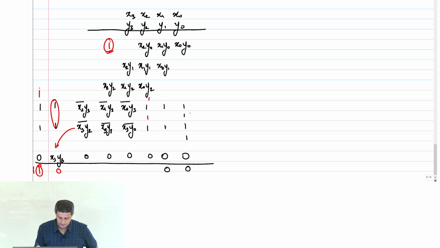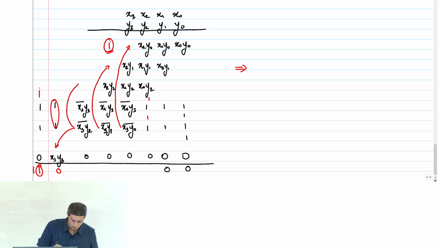Okay, so let me write this a little differently now. I am going to write this a little differently, where x3, y0, I will put it back here. x3, y1 bar, I will put it here.